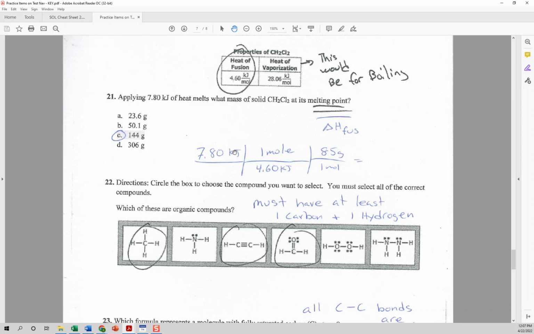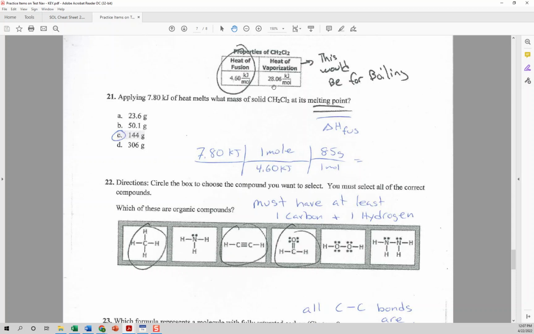If I take 7.8 and divide it by 4.60, that'll cancel out kilojoules. And then this is the molar mass of CH2Cl2. So 2 chlorines, 2 hydrogens, and 1 carbon adds up to around 85 grams. So I would divide by the molar heat of fusion and multiply it by the molar mass, and it comes out to be 144.